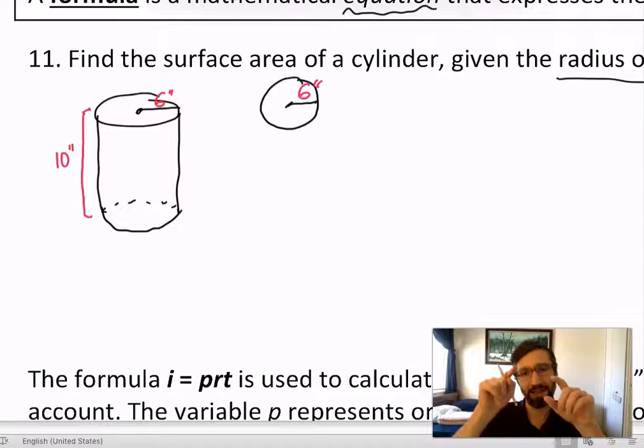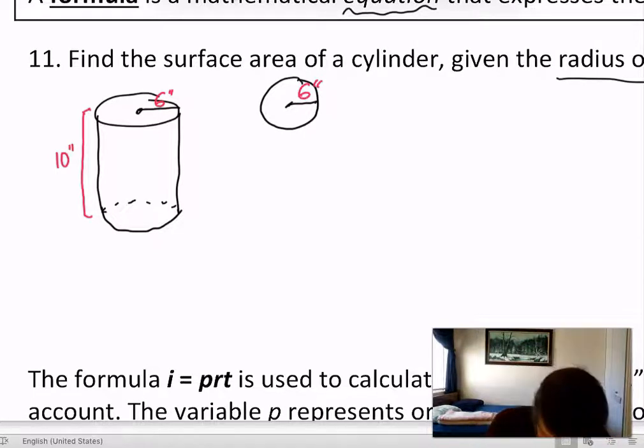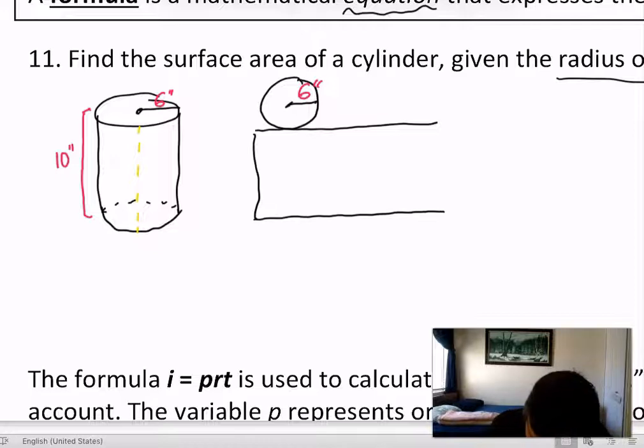Now, if you cut this cylinder right down like this, and you unraveled it, you would get a rectangle that might look like that. And the height of that rectangle, this side right here, is that 10 inches.